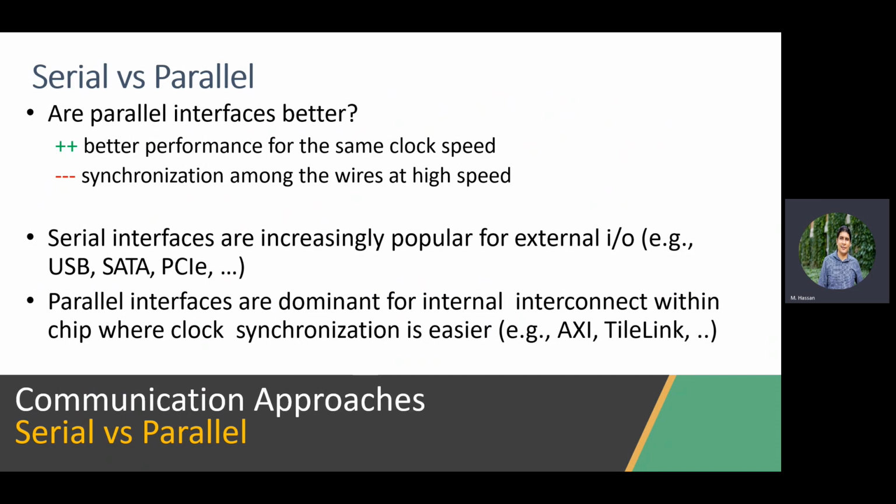The reason is I don't have these problems, or I have them in a less severe manner inside the chip. And because inside the chip, I want to run in a very high speed, and I also want to maintain very high bandwidth, then parallel interfaces or parallel protocols are the ones that can be used. Good. So the conclusion is, serial protocols are very common for external buses, while parallel protocols are very common in internal buses. Good.